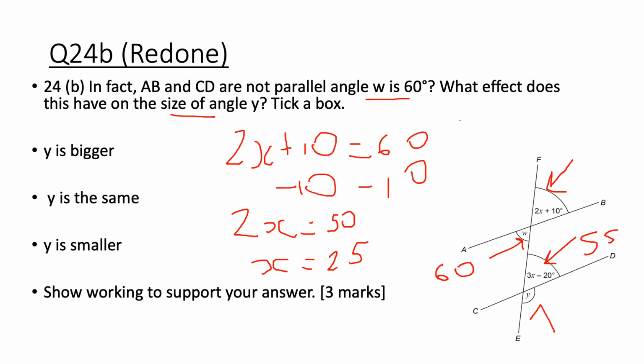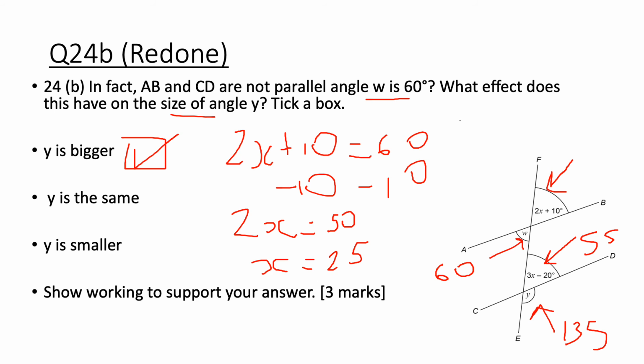So comparing my answer here to part A, that will be 135. My answer to part A, I believe, was 110. So my answer for part B is y must be bigger, because part A was talking about A and B and C and D being parallel.